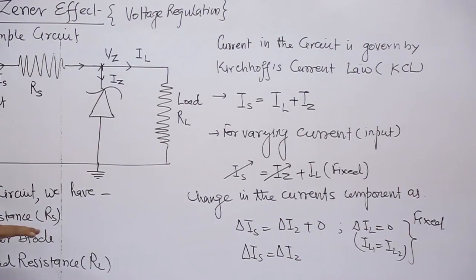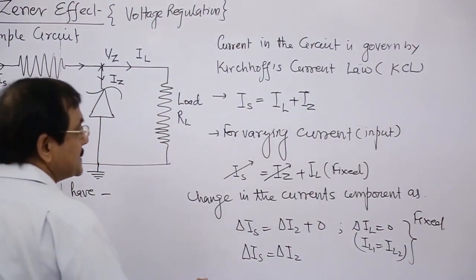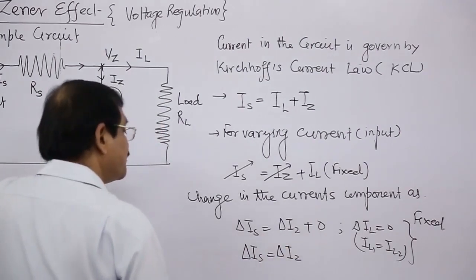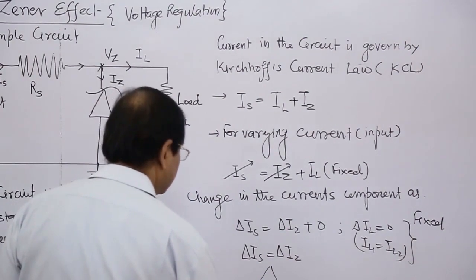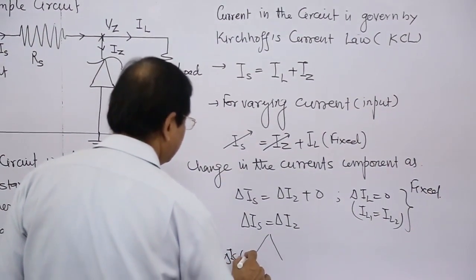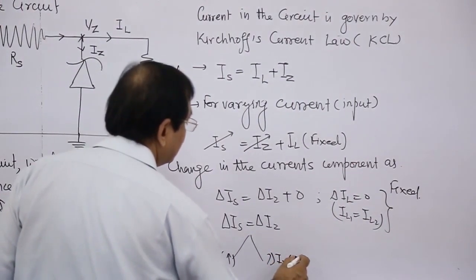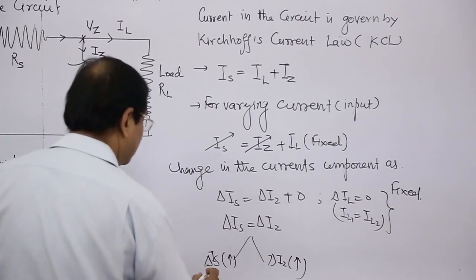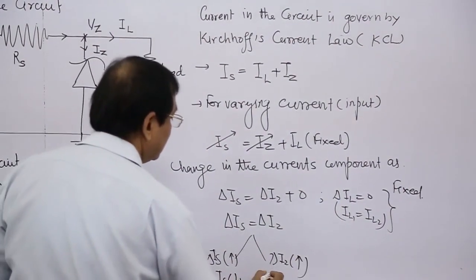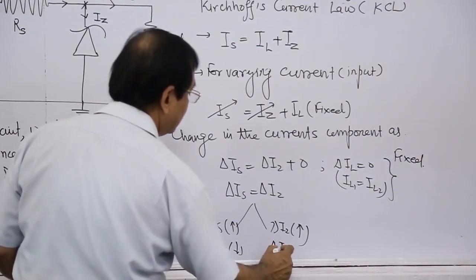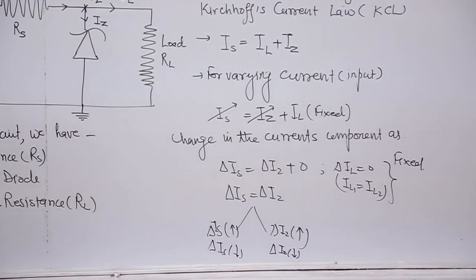So, what does it mean? If IS increases, then delta IS increases, and delta IZ will increase. If delta IS decreases, then there is a corresponding decrease in IZ.